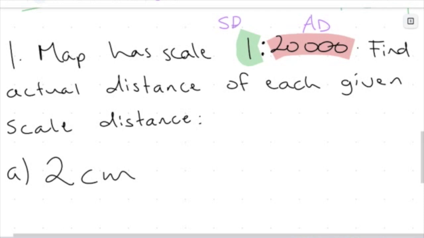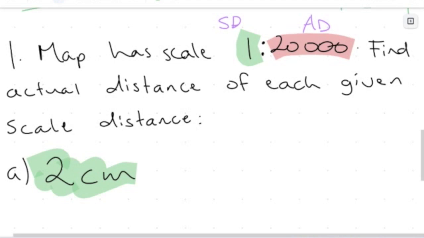Now, what my scale tells us is that the actual distance, when my scale distance is 2 centimeters, will be 20,000 times more than that because there's a ratio of 1 to 20,000. Remember, ratios compare numbers. So we're saying that for each 1 centimeter in my scale distance, my actual distance is going to be 20,000 times more than that.